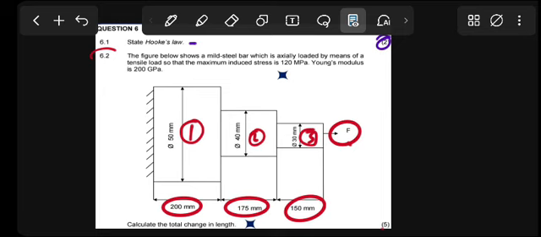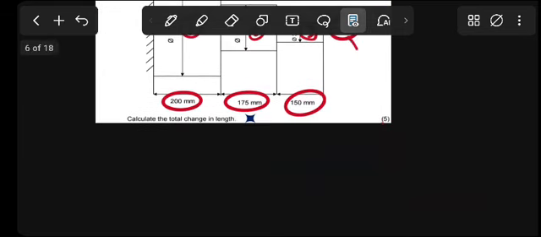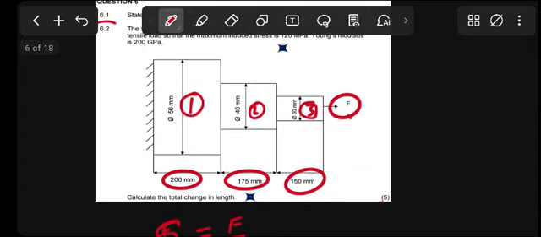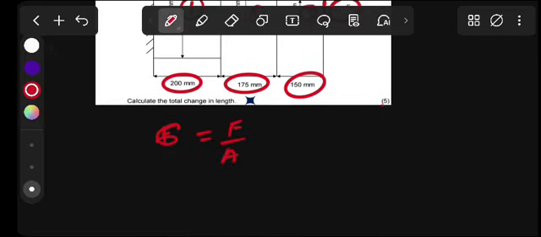Stress is equal to force over area. But as you can see, guys, it is applied on this portion, where the diameter is 30. So we have to find the force. The force will be equal to stress multiplied by area.